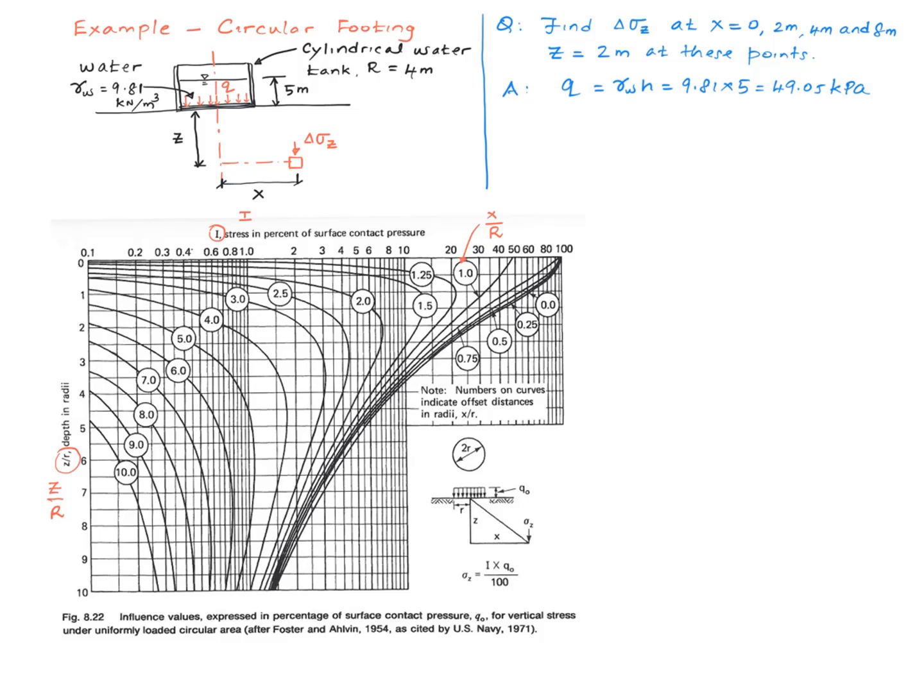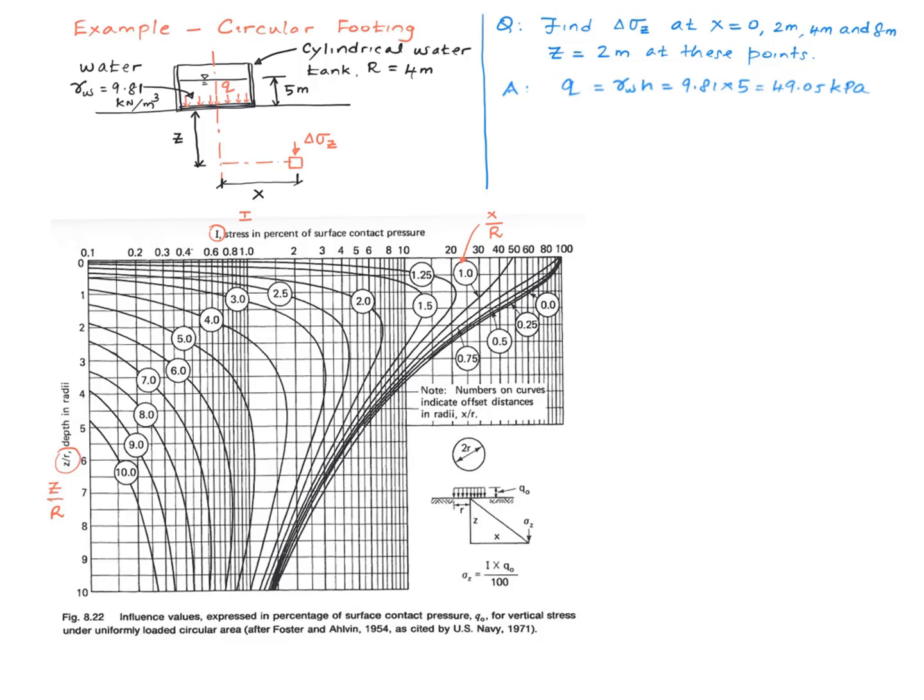In this chart, the vertical axis represents the ratio between Z and R, and each of these curves corresponds to the ratio between X and R. So once we calculate these two ratios, we can go to this chart and find the influence value I. Once we have the influence value, we simply multiply that by the contact pressure Q and divide the whole thing by 100 in order to get the change in the vertical stress.